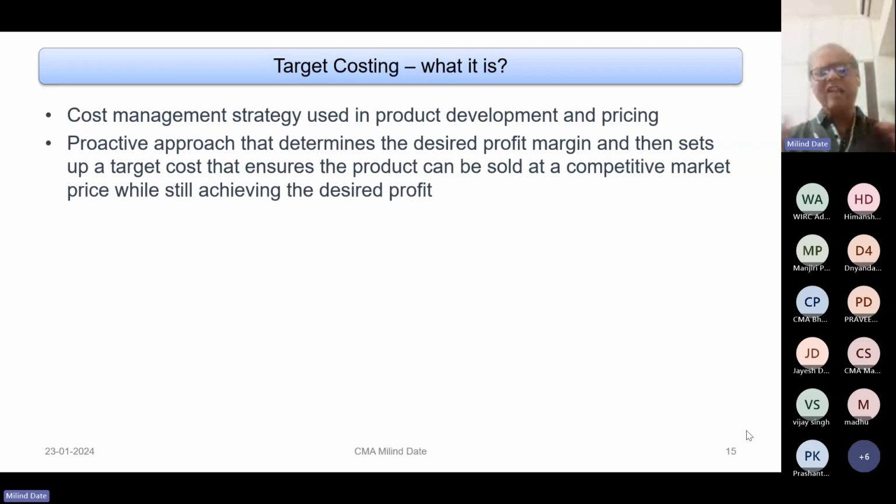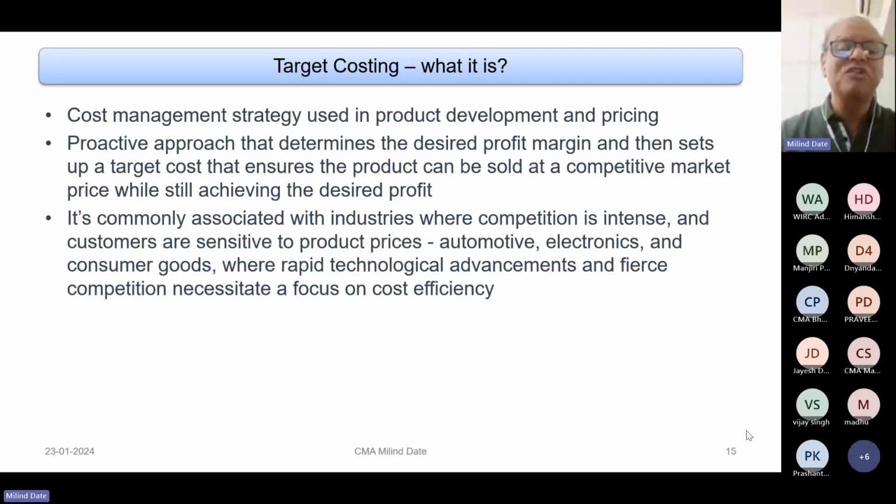So where can you use this target costing? Generally, in the markets where competition is really intense, customers in these markets are very sensitive to product prices. They will quickly keep switching, and they have a lot of substitutes available in the market.